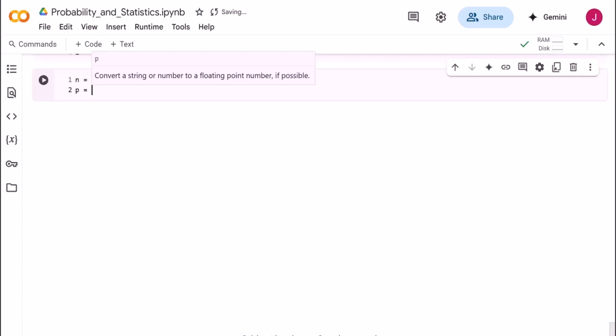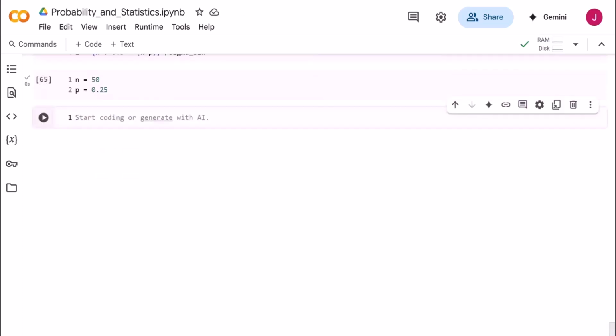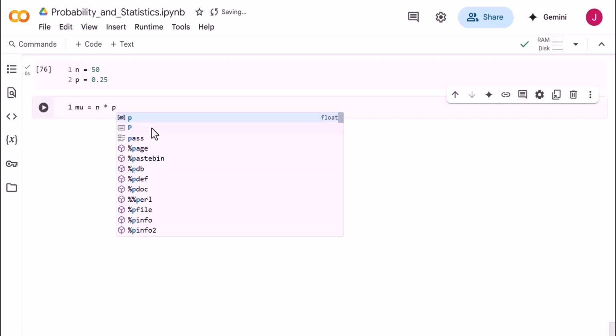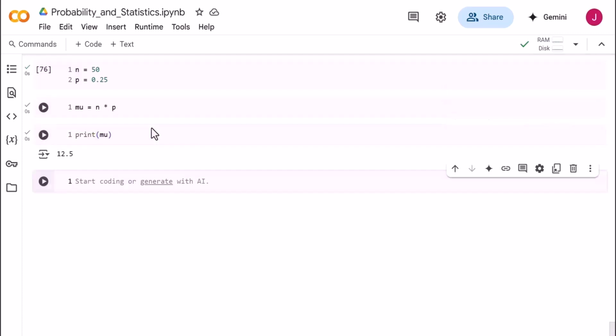and the probability of success is equal to 0.25, right? So here we calculate mu. Mu is equal to n multiplied by p. So what is mu here? Mu is 12.5. Then sigma is equal to the square root of n times p times 1 minus p. Then we can print sigma.